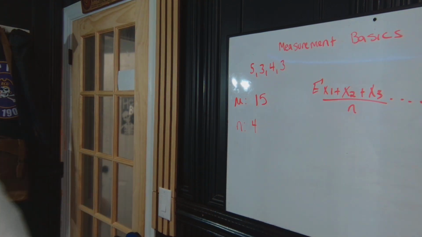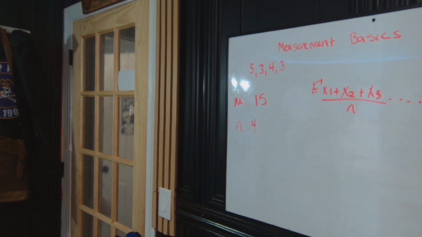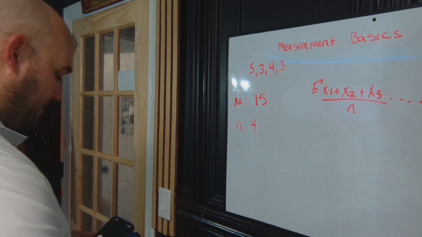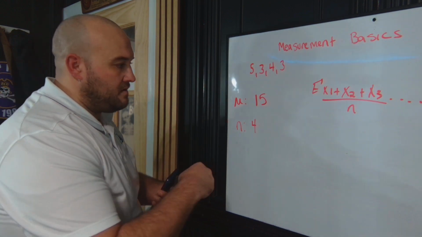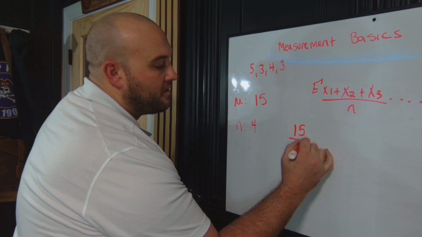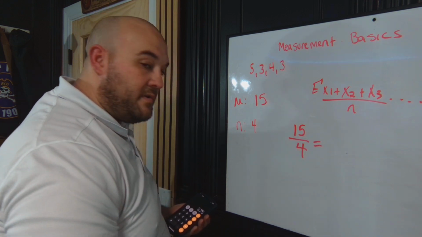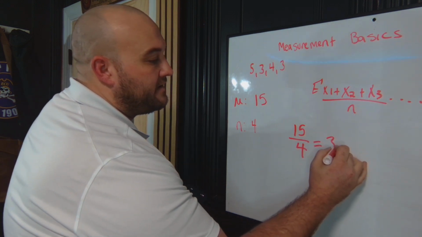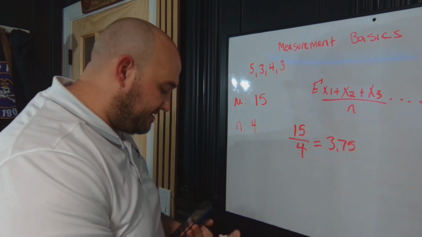So when we set this up, we calculate our average by taking 15 and dividing it by 4. When we do that, we get 3.75 as the average.